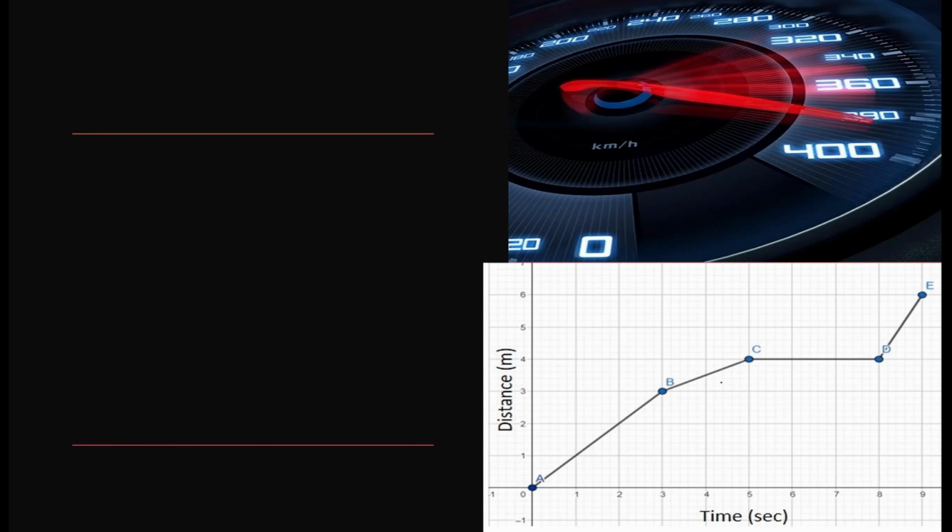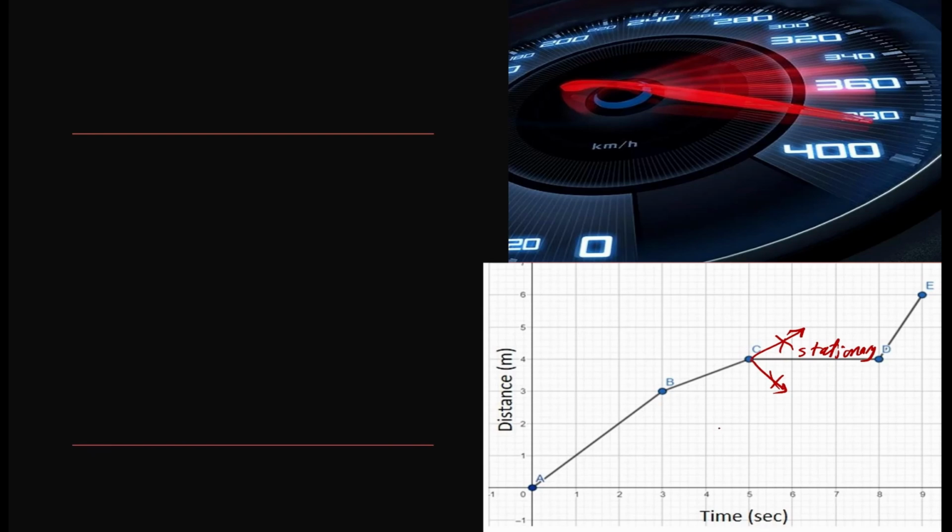CD. Does the distance increase? No. Does it decrease with time? No. So the object here does not move. This means the object here is a stationary object.